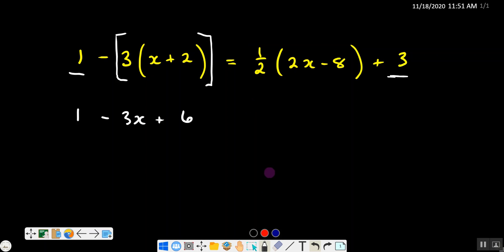So what you could do, if you wanted to, is keep this in brackets, alright? That's alright, but then we have to do 1 subtract 3x is 1 subtract 3x, but 1 subtract 6, we can do our negative 6 if we want, and we end up with negative 5 subtract 3x. Yeah?